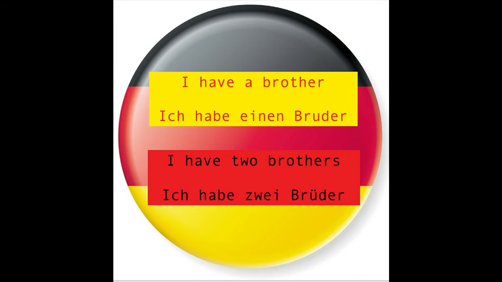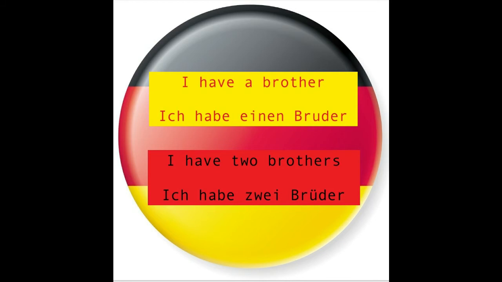You notice there's a slightly different pronunciation on Brüder. That's because there is an umlaut over the U, which is the 2 dots, and that changes the pronunciation of the word, and it makes it plural. So that is brothers. Brother is Bruder, and brothers is Brüder.